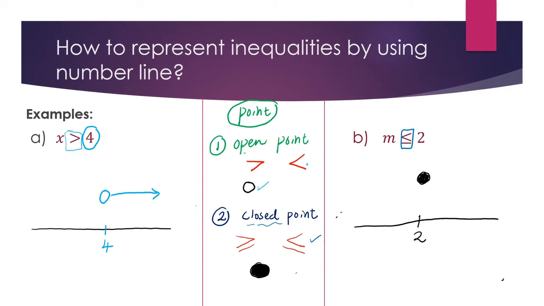This is how my point is going to look like. And now it is less than or equals to. If it is less than, my number line will go to the left because numbers on the left are always smaller. So this is how my number line for m less than or equals to will look like.